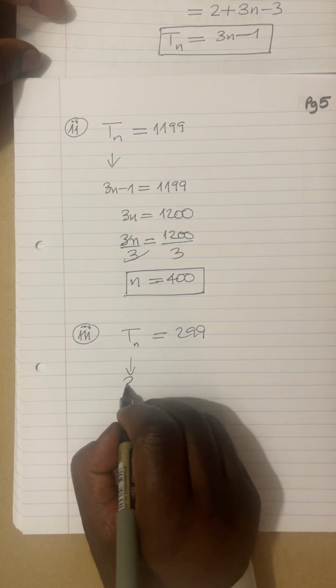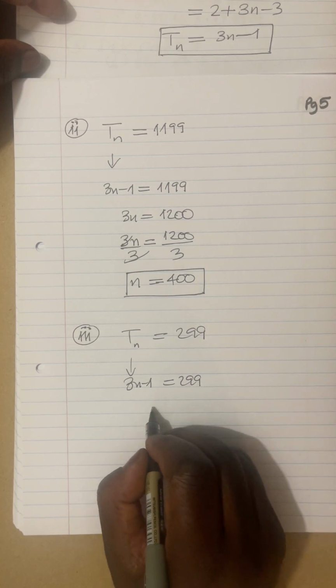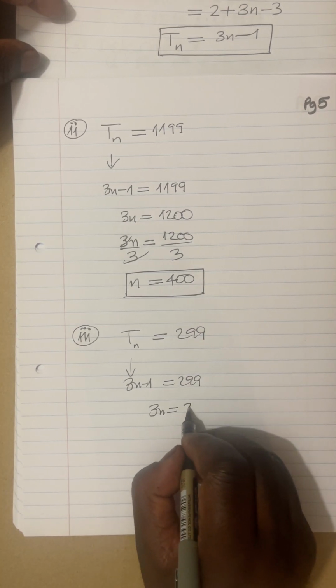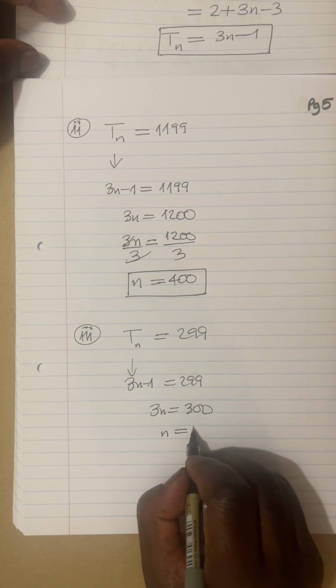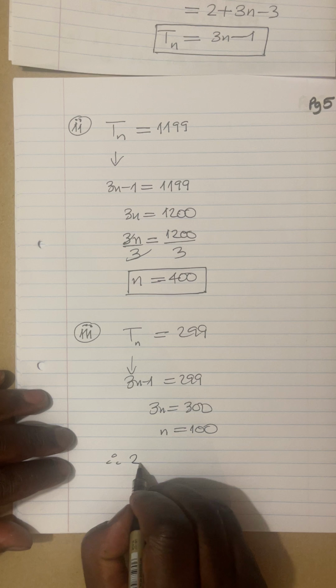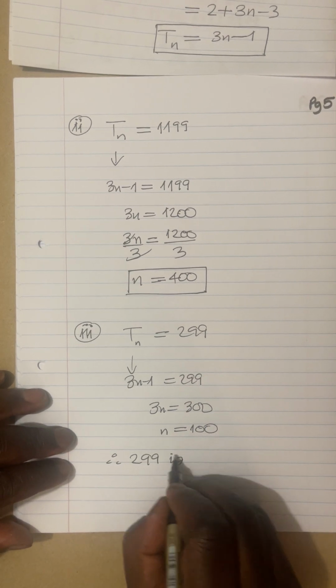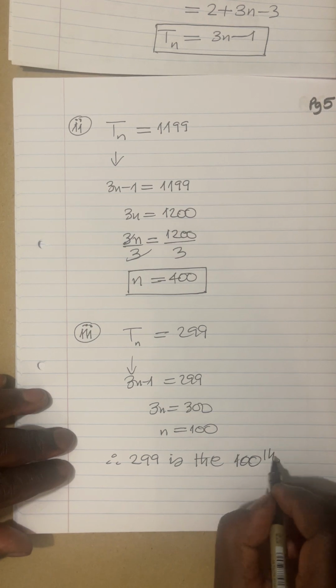This is 3n minus 1 equals 299. Add 1 on both sides. 3n equals 300. Divide both sides by 3. n equals 100. Then we are going to say, therefore, 299 is the 100th term.